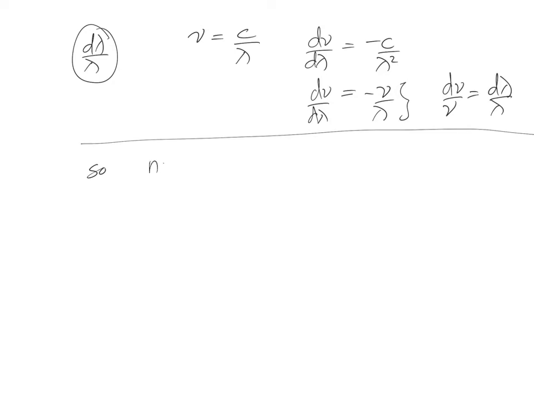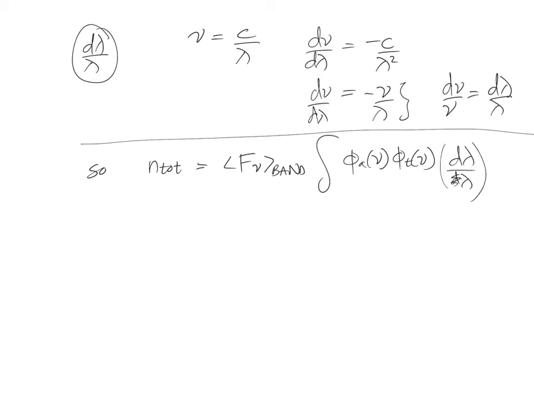So the total number of photons coming in 1 second is some kind of average flux in your band times this slightly complicated integral, T nu d lambda over lambda, which is the same as d nu over nu divided by h. And so what they've gone and done in that table is give you this.